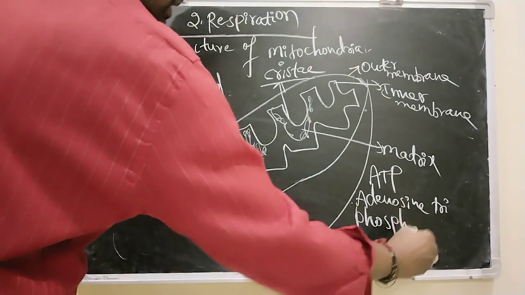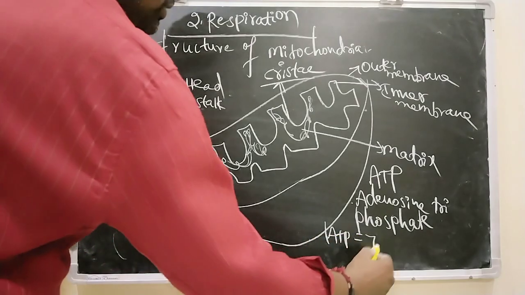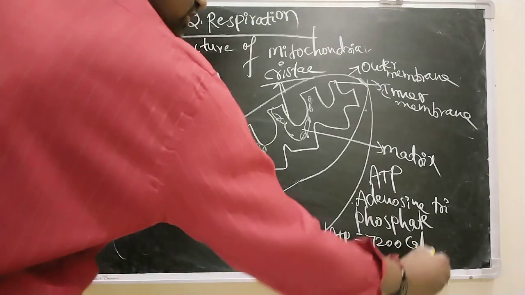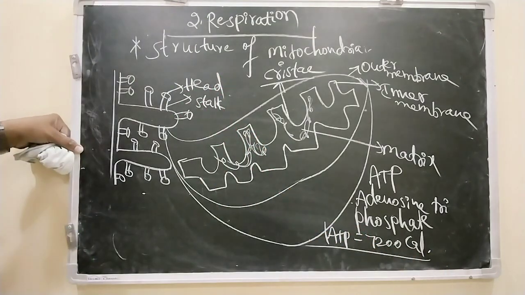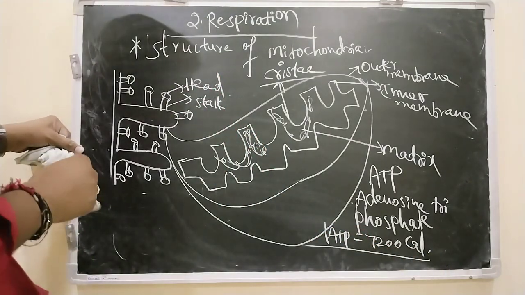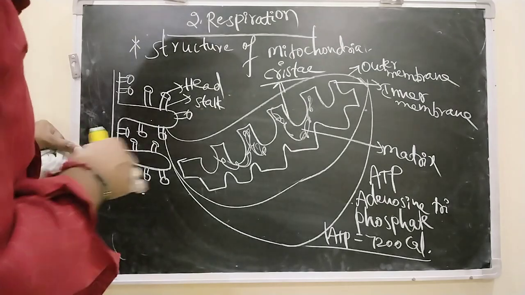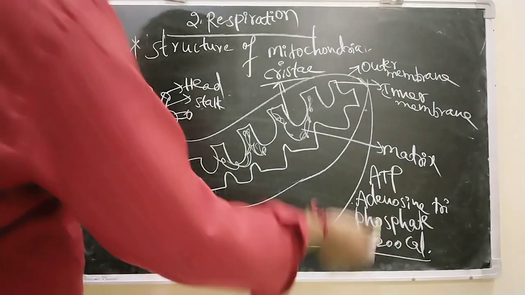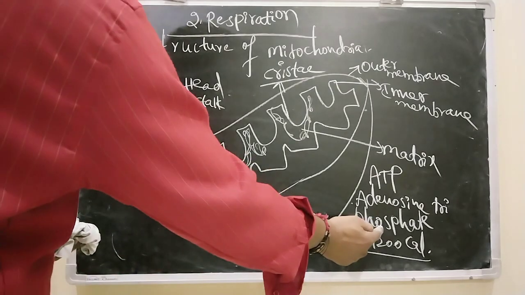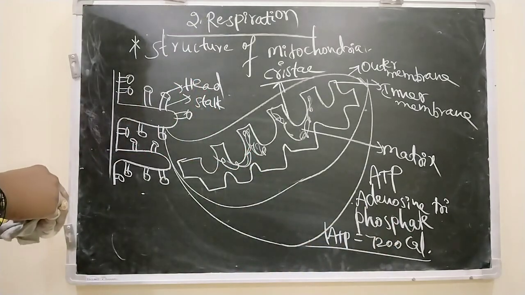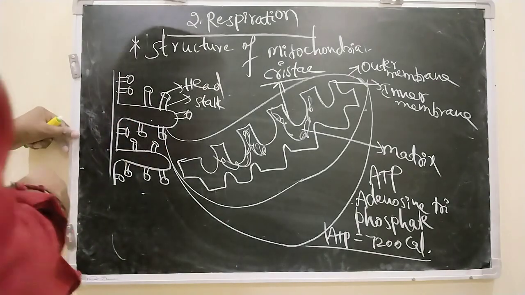One ATP molecule gives 7,200 calories of energy. So this is the structure and function of mitochondria. Whenever energy is required to perform activities by the cell, that energy is released from the phosphate bonds. By breaking the phosphate bonds, the energy is released.